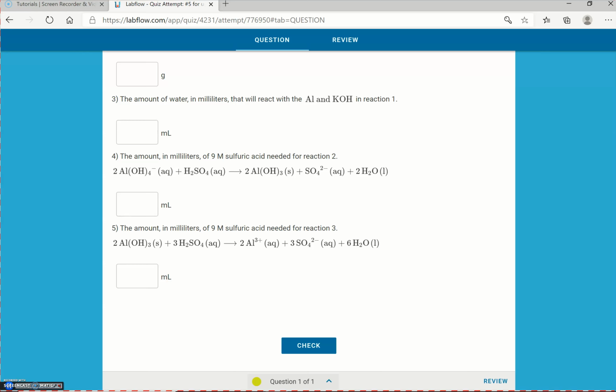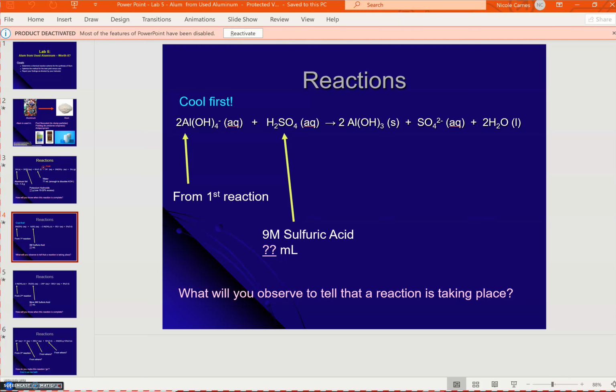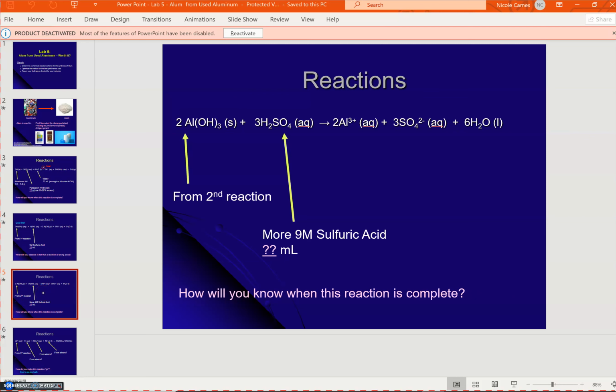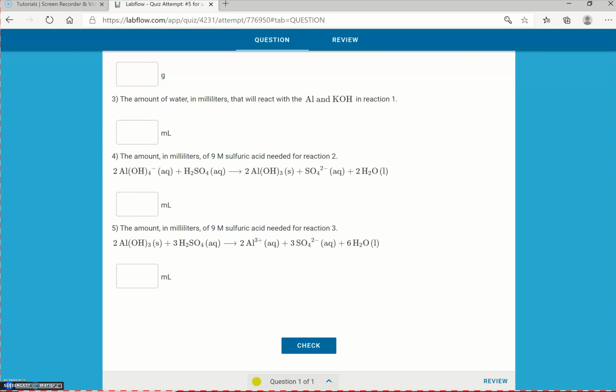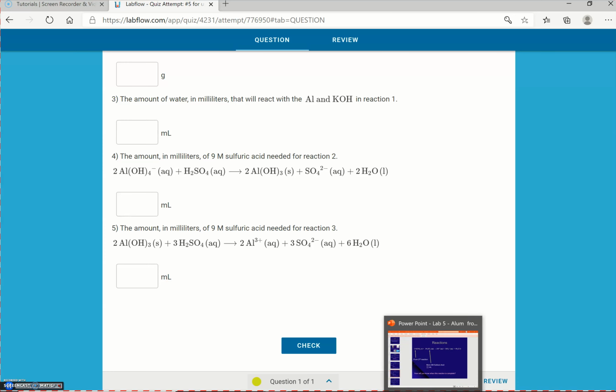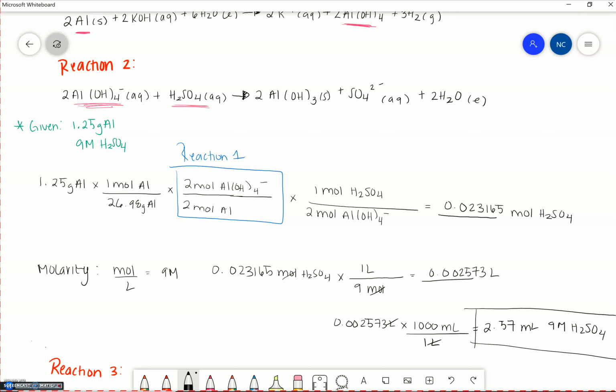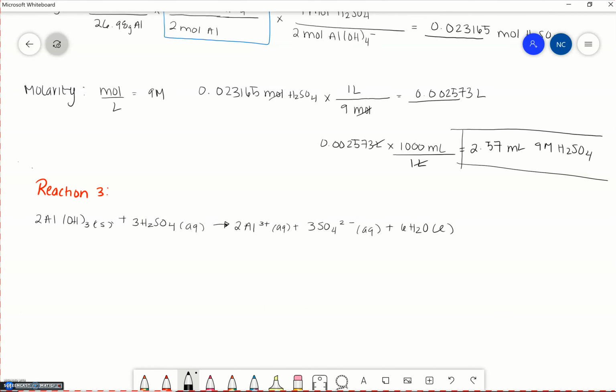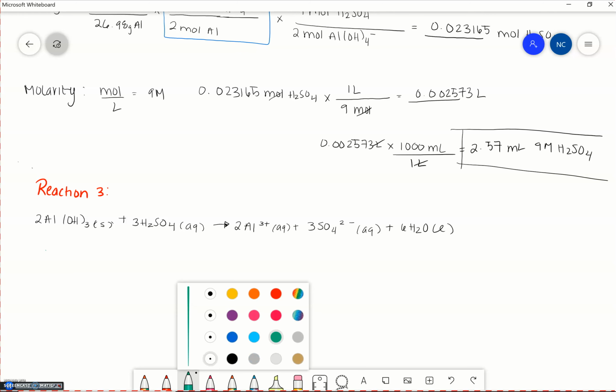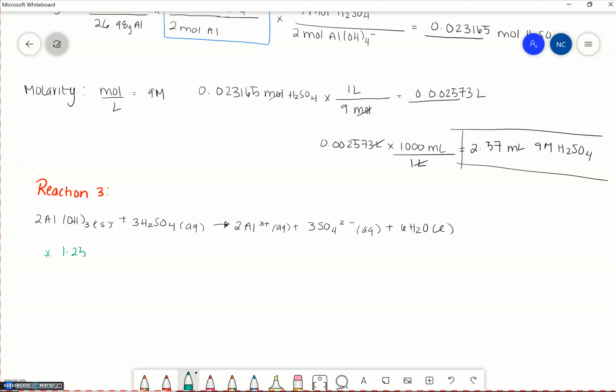And we're going to do the same calculation for number 5. So when you go to the PowerPoint, it asks, what is the second amount of 9 molar sulfuric acid that we will add for reaction 3? And again, the answer will be in milliliters. So again, the same information is given. 1.25 grams of aluminum and 9 molar sulfuric acid.